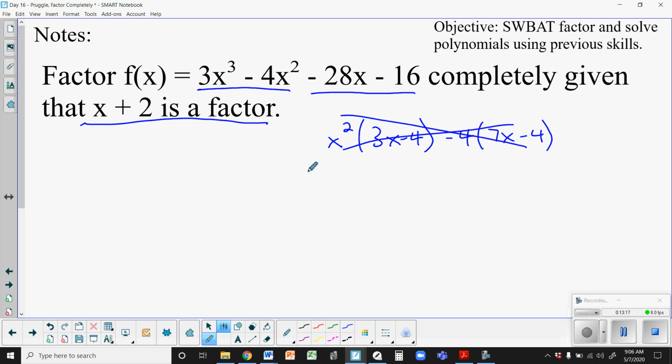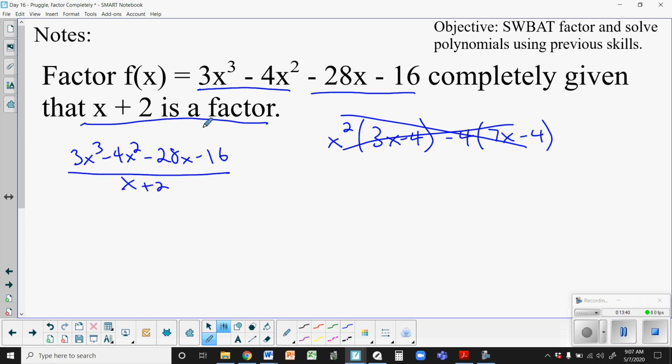So let's scratch that. What do we have to do then? If something's a factor of something else, what do we know? That's right, we can divide these two things. So we can divide 3x cubed minus 4x squared minus 28x minus 16 by x plus 2.